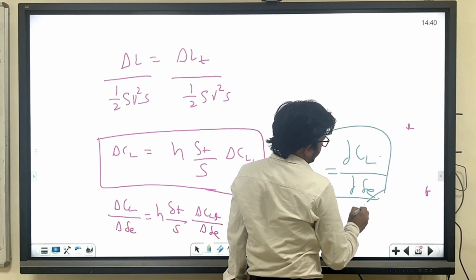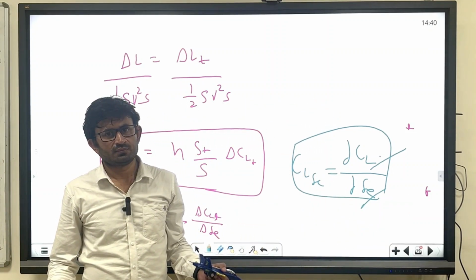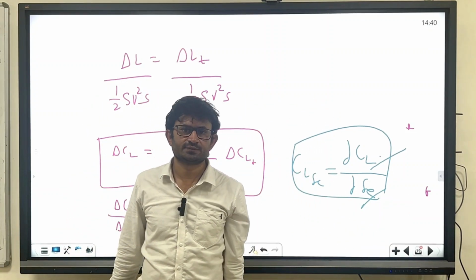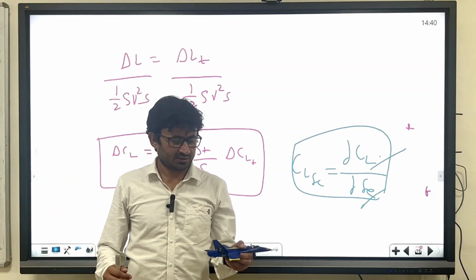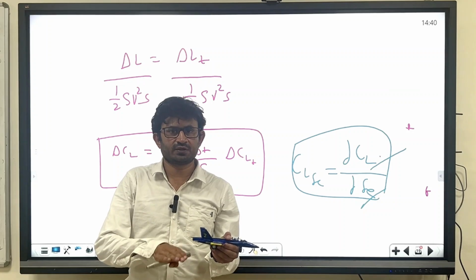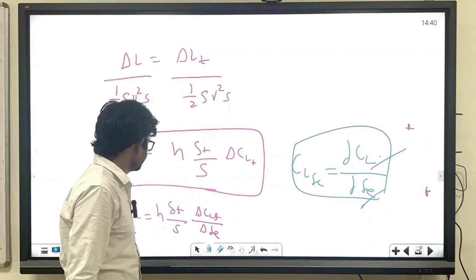So if you change the elevator, how the CL is changing, that is nothing but this CL delta E. It gives the sensitivity of the elevator: if you deflect the elevator, how fast or how slowly you are changing the CL.